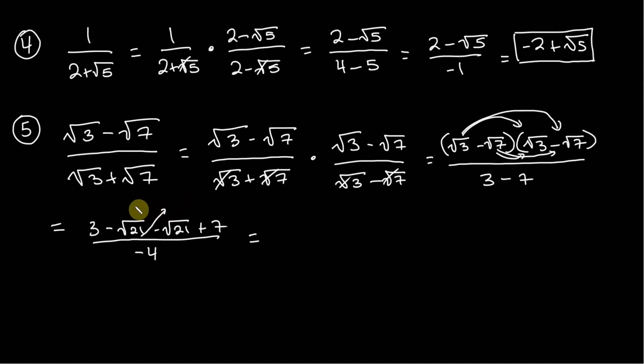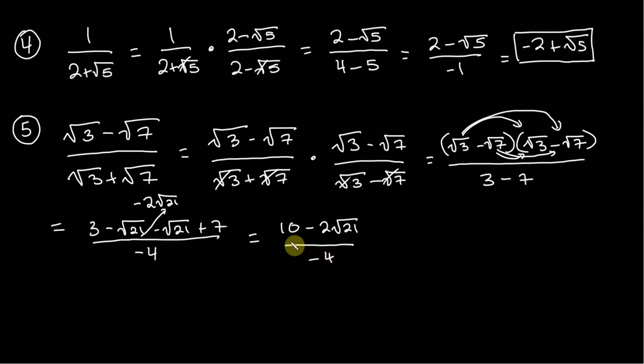Okay? Minus 2 root 21. And then, so we can rewrite this. So we've got a 3 plus a 7, right? So that's going to give us 10. And we've got our minus 2 root 21. All of that's going to be over negative 4.